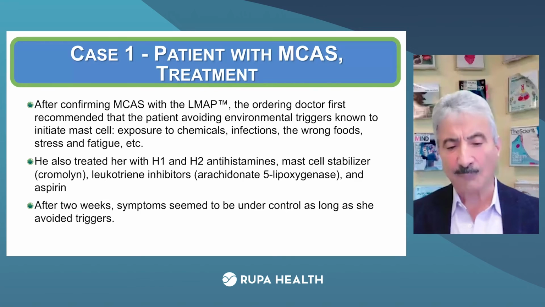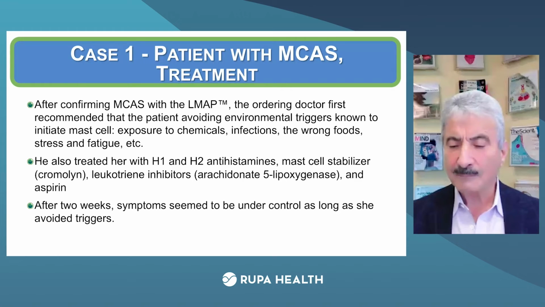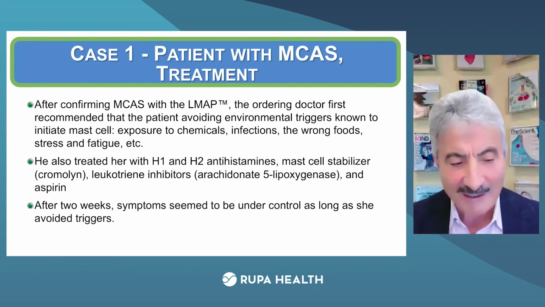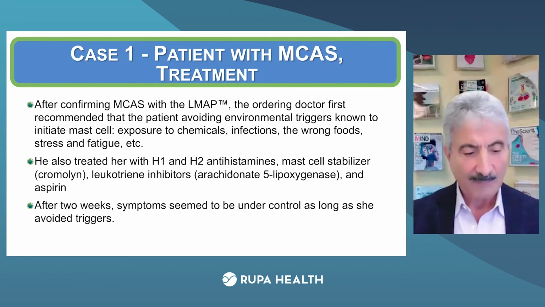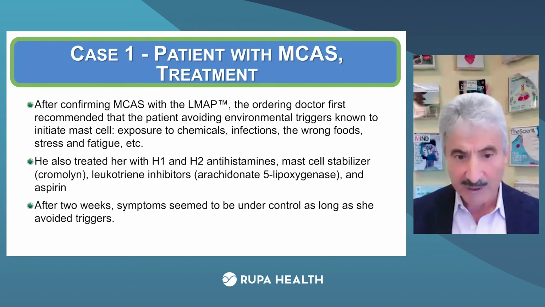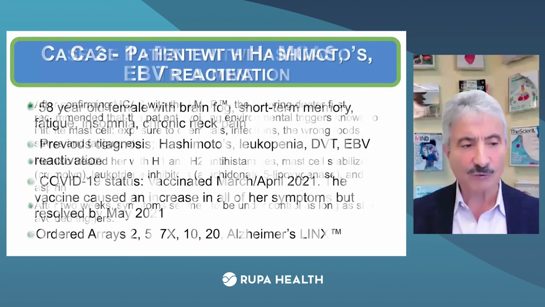He also treated her with H1 and H2 blockers, mast cell stabilizers, leukotriene inhibitors, and aspirin. After 2 weeks, symptoms seemed to be under control as long as she avoided the triggers. So here we see that LMAP helped the doctor to design treatment modalities for patients with mast cell activation syndrome.